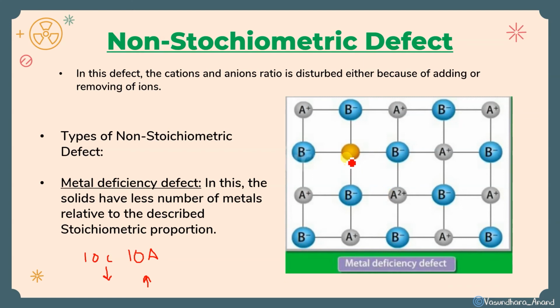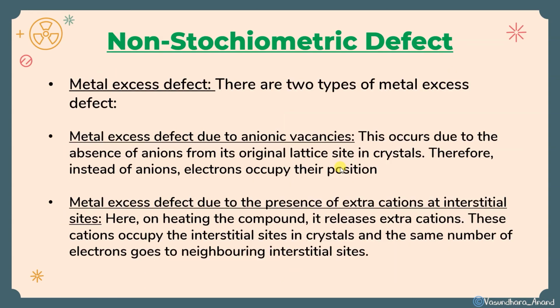Like if Fe+2 is here and an Fe+2 goes missing, then this one becomes Fe+3 and that one also becomes Fe+3. Only then can the deficiency of one Fe+2 be overcome. Got it? So the neighboring cation will start showing the higher oxidation state. That is called metal deficiency defect.